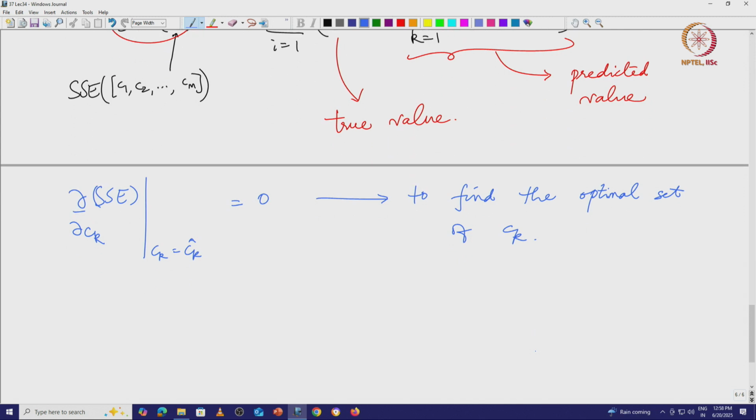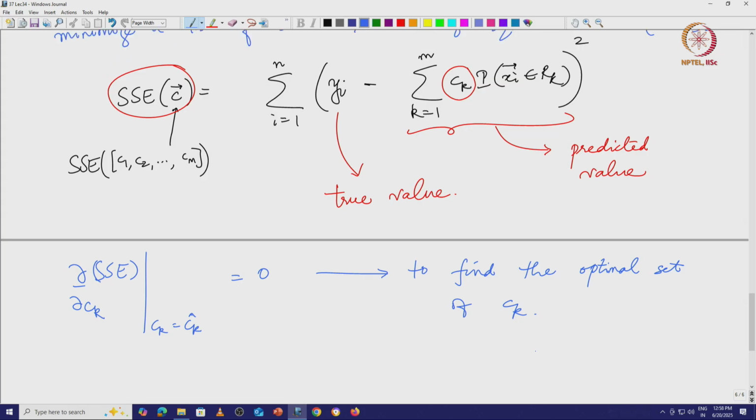To make that easy, since you have to differentiate with respect to Ck and this k also appears here, this could cause confusion to some of us. So, what I am going to do is change this k variable here to another variable L, right. Typically you call these dummy variables, because k is inside the summation.